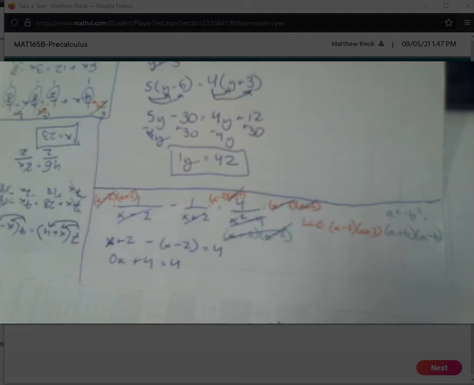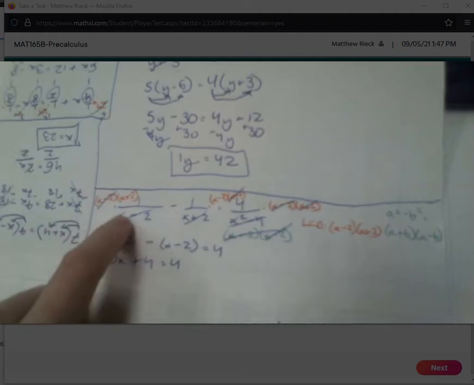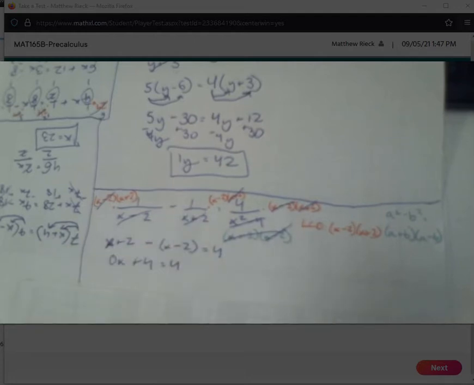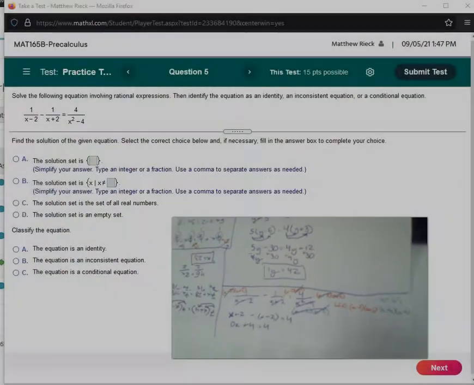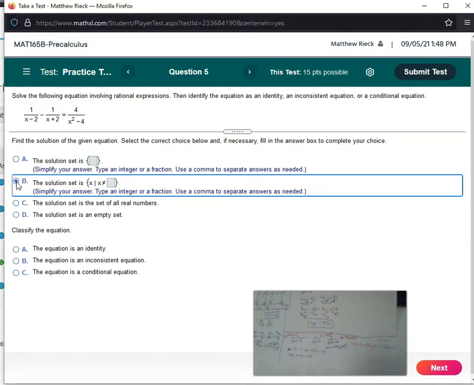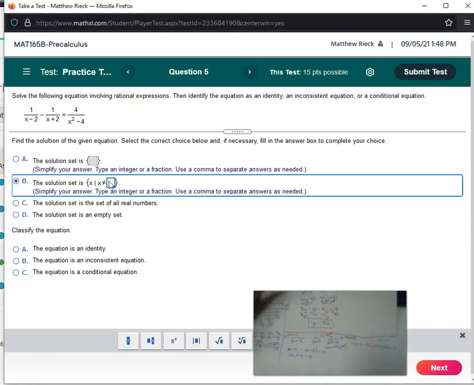So in this case, we have two numbers that we need to worry about. So x can't equal positive 2, and x also can't equal negative 2. The solution is x, but x can't equal positive 2 or negative 2.